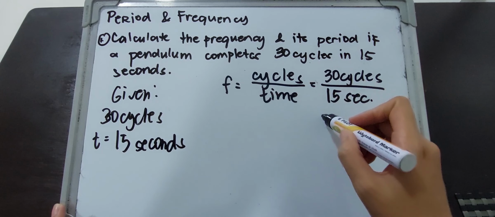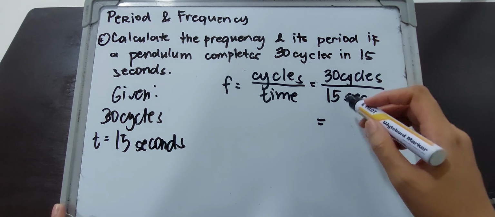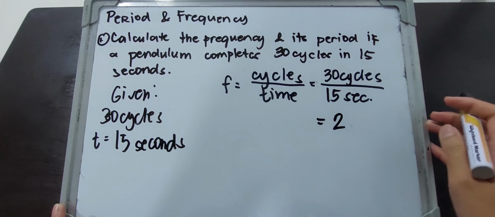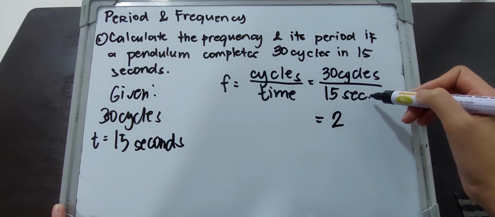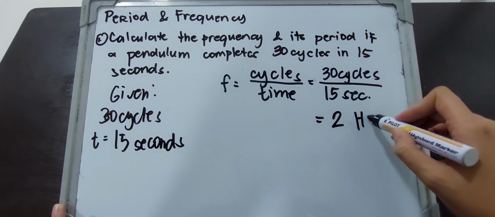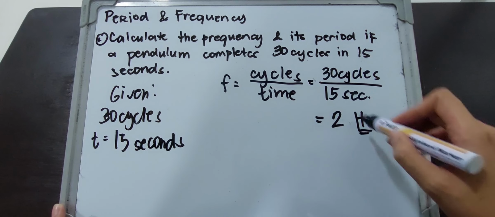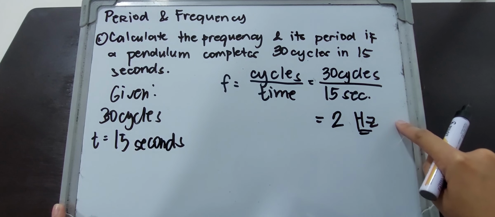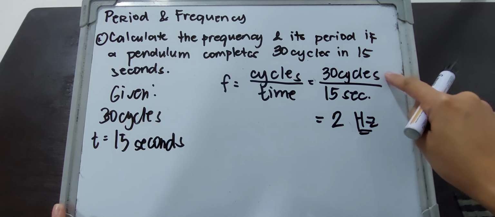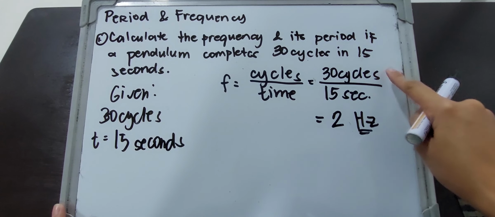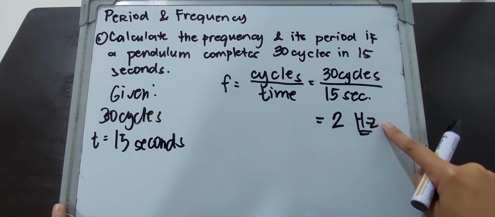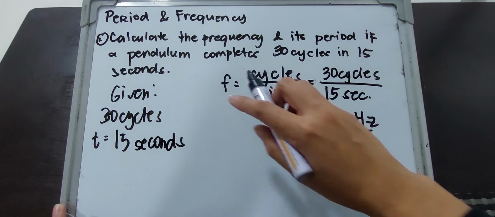So our answer is 30 divided by 15 is 2. And sabi nga natin, cycles per second is equals to hertz. Our unit for frequency is hertz. It means that one cycle per unit time. Cycle per second is equals to hertz. So we have 2 hertz as the frequency.